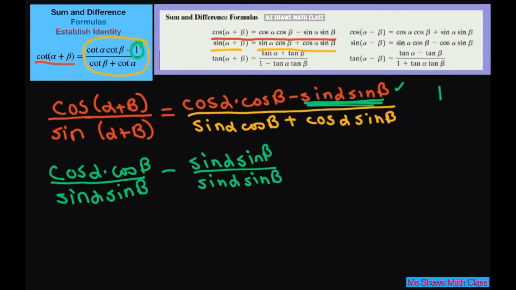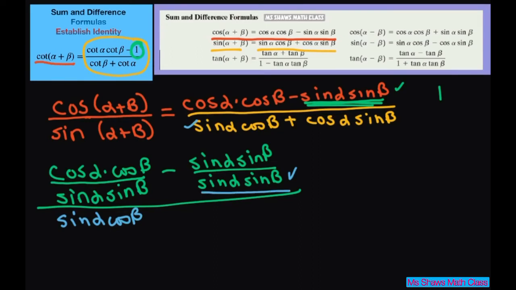All right. Now, when you're dividing one of these terms by sine of alpha, sine of beta, you have to divide all your terms. So now we're going to do the same thing here. Write sine of alpha cosine of beta divided by this, sine of alpha sine of beta.